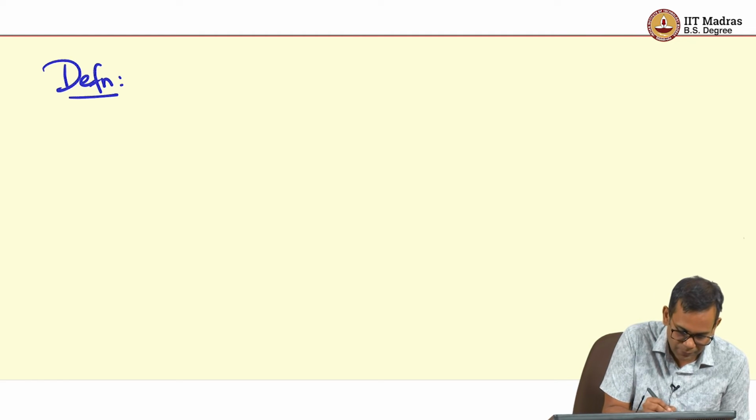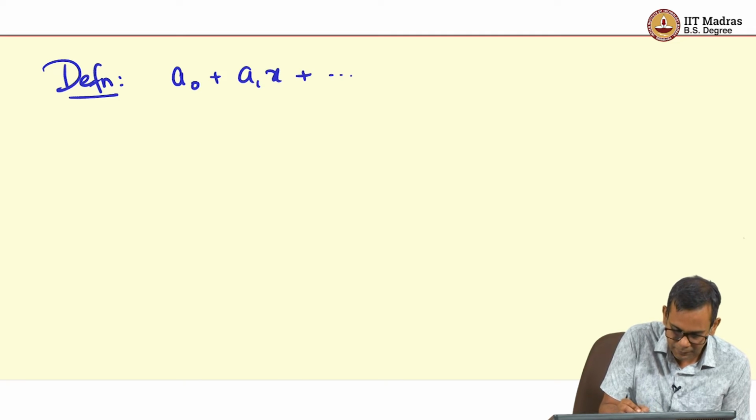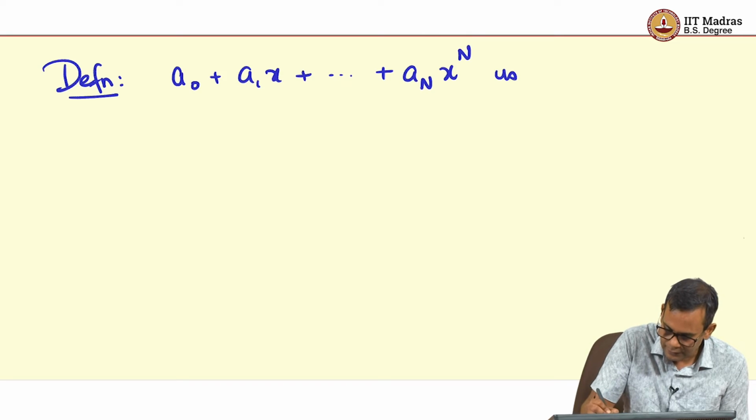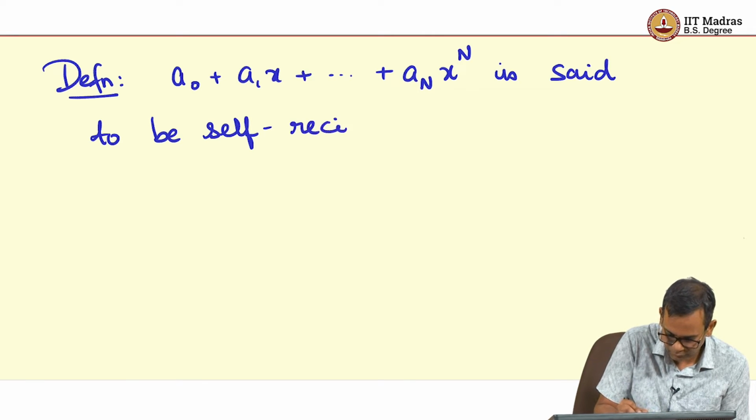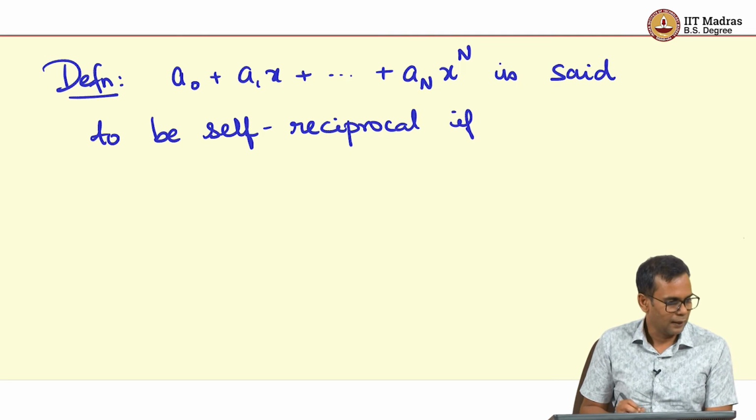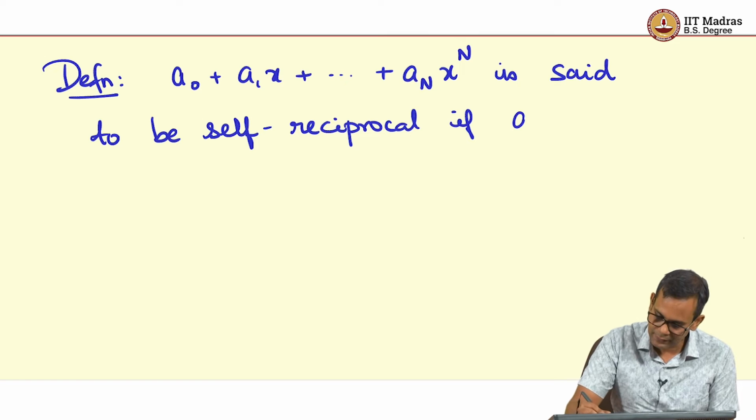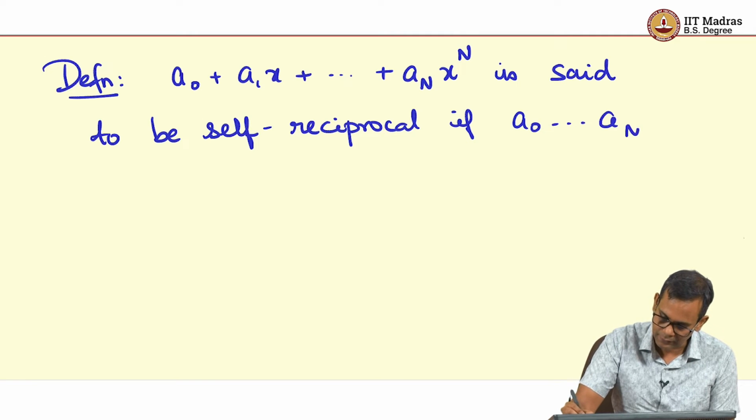A polynomial a0 plus a1 x plus up to aN x to the N is said to be self-reciprocal if the sequence a0 up to aN is self-reciprocal.